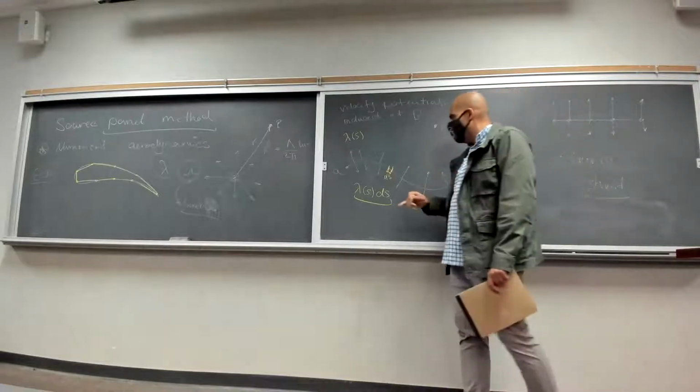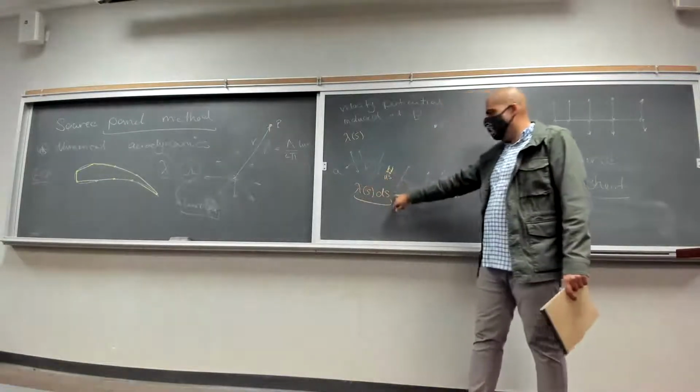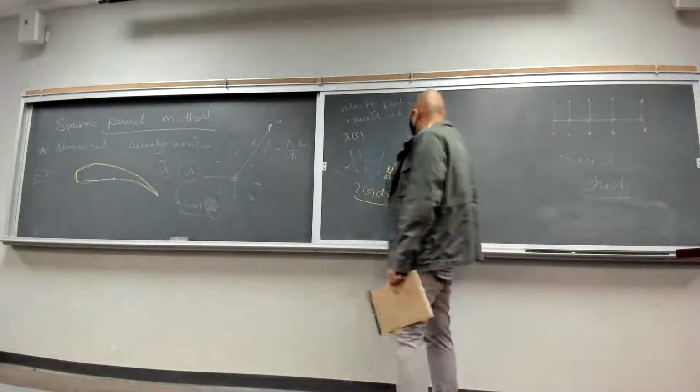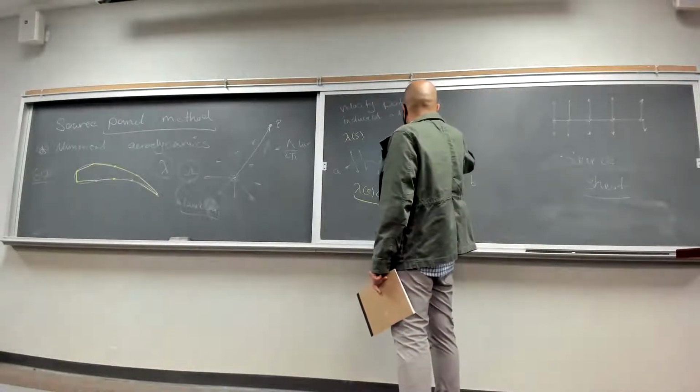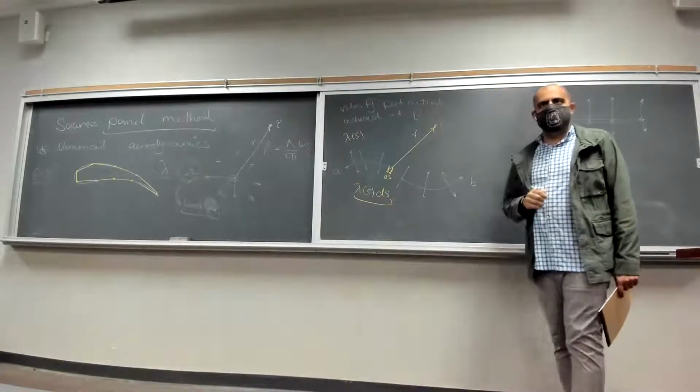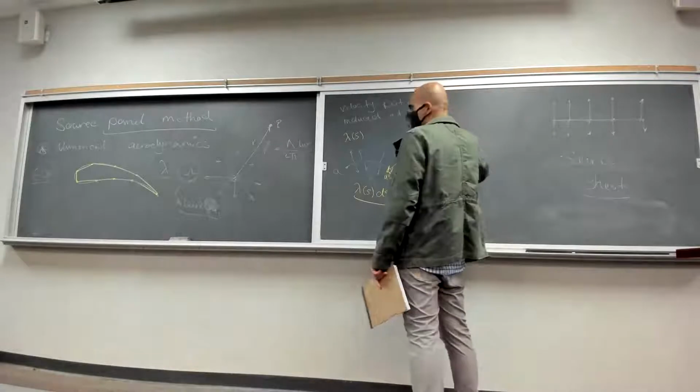It's going to be the strength of that small section of the source sheet divided by 2 pi, right, multiplied by the natural log of the distance from that source sheet. Okay. Does this make sense?